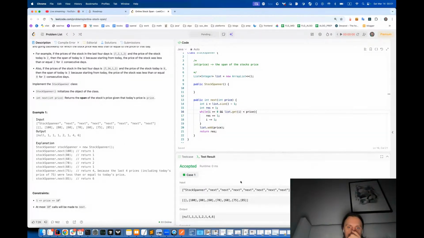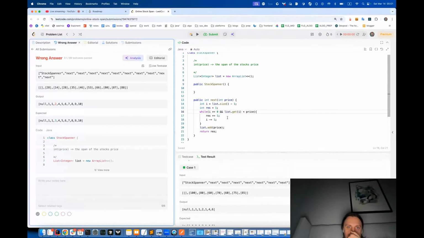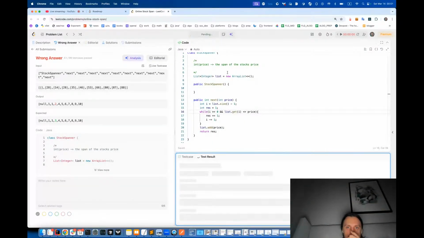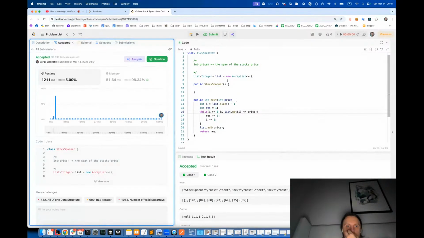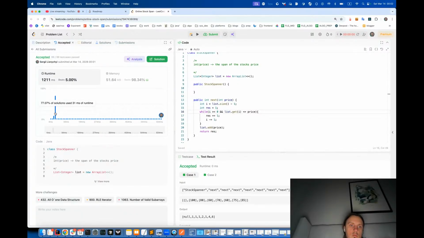No, it's not. Okay, wrong answer here. Why? So it should be equal as well. Yeah, and we submit, but it's quite slow.